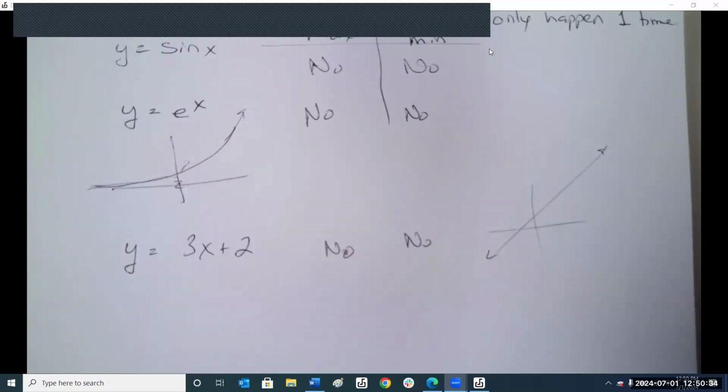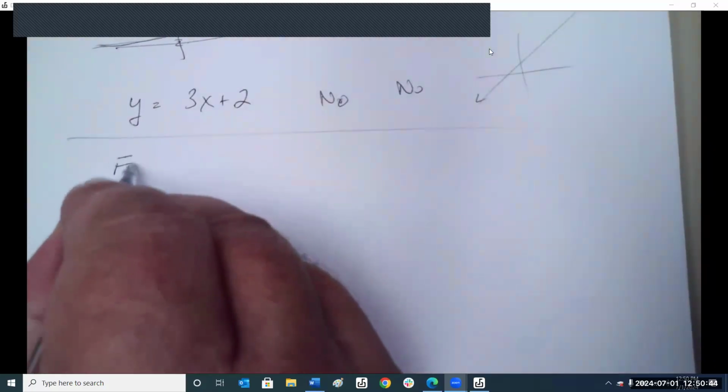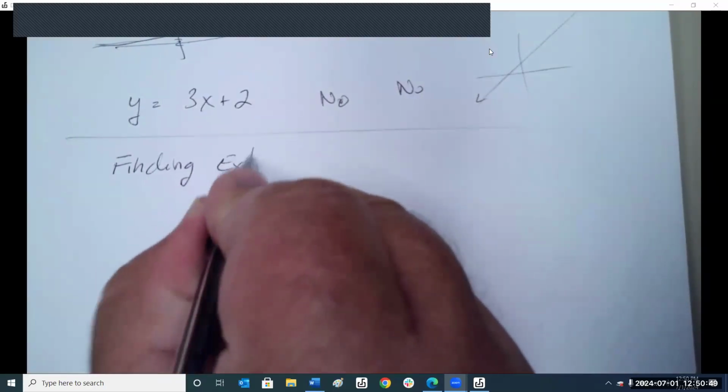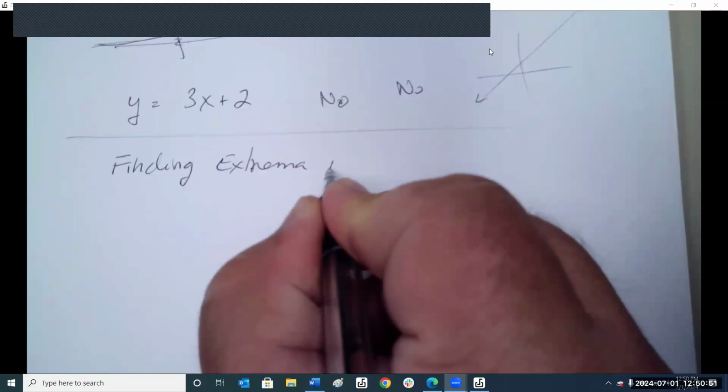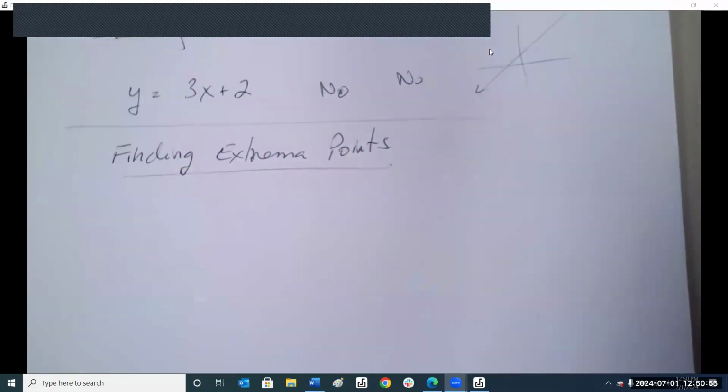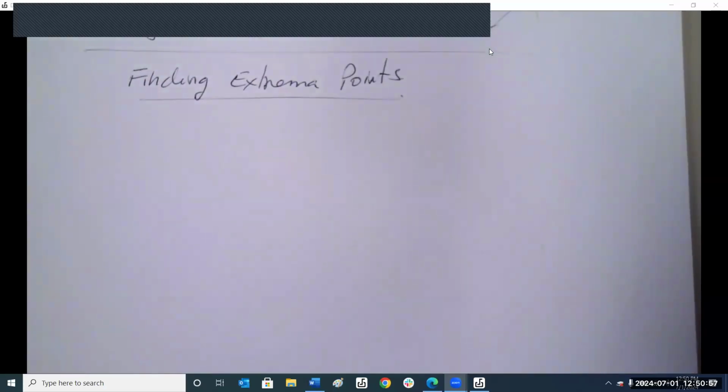So that's how we look at local maximum and minimum. Where's my first example? Sorry. Finding extrema points.